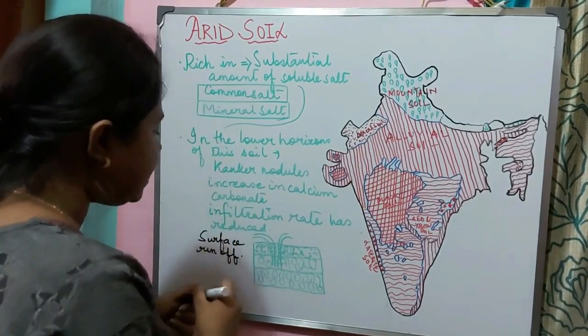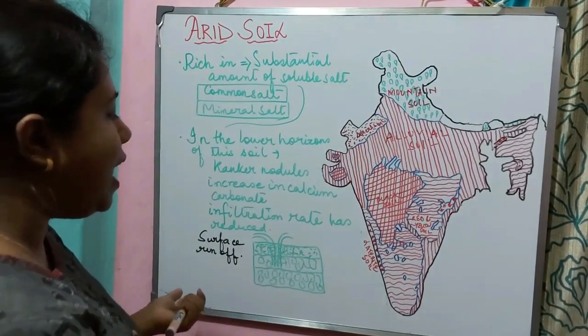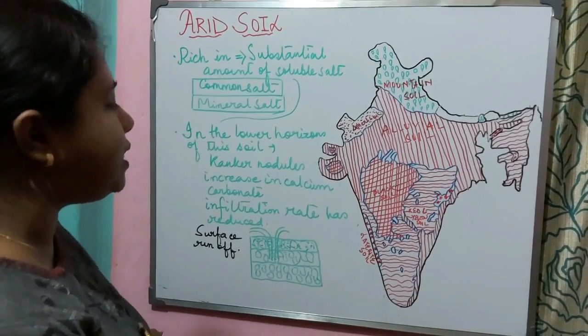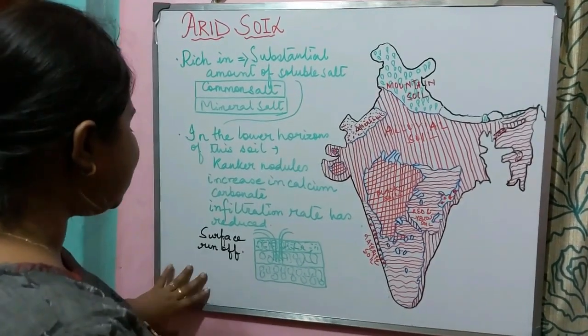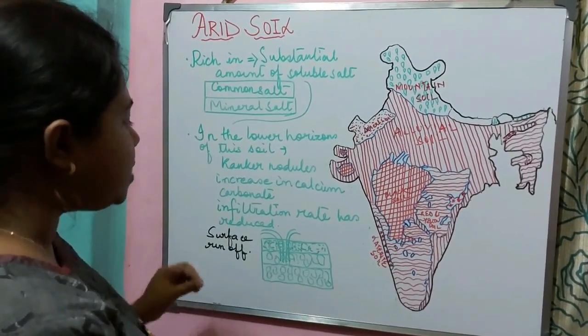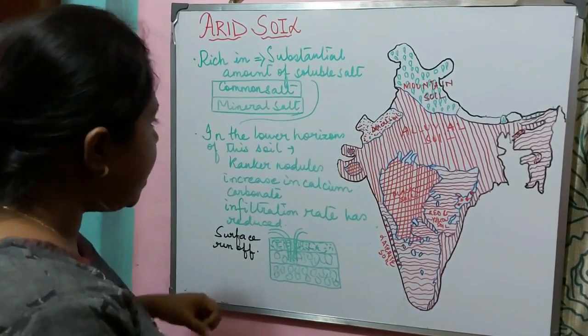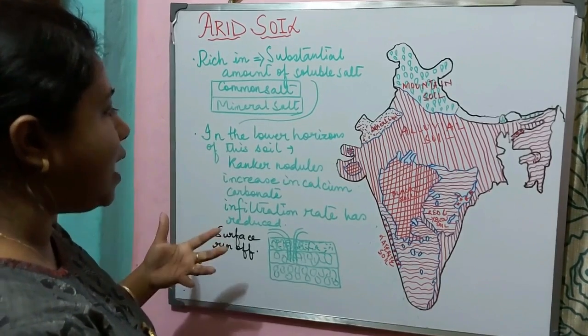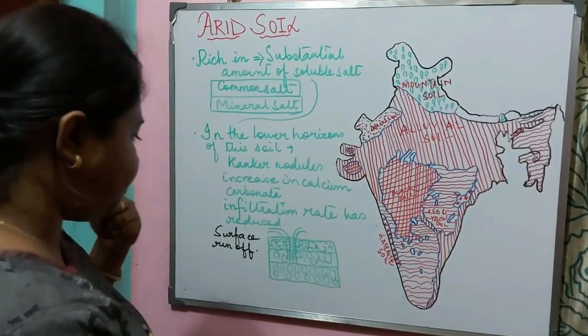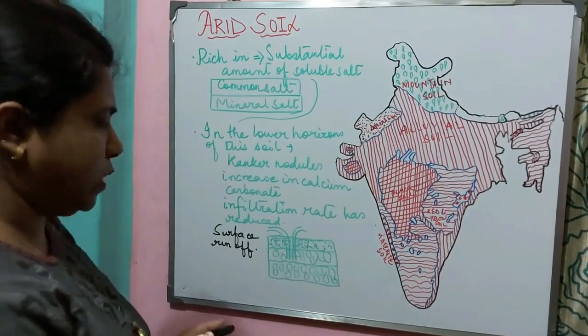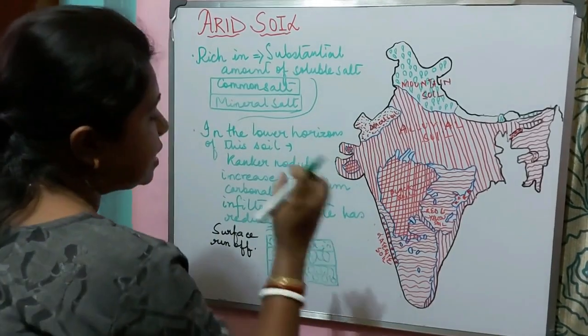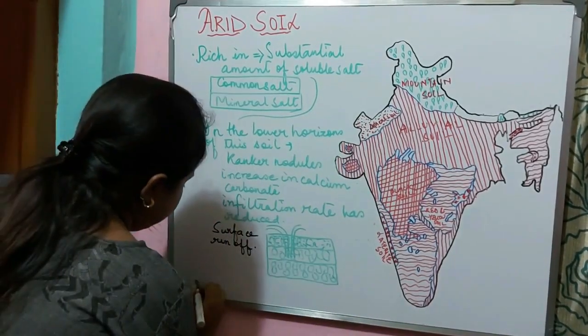But here in this case, as very little rainfall is received, there will be no surface runoff as such, but the rate of infiltration has reduced in this area, right? Mainly in the areas where this type of soil is found. What type of crops can be grown in this type of soil?